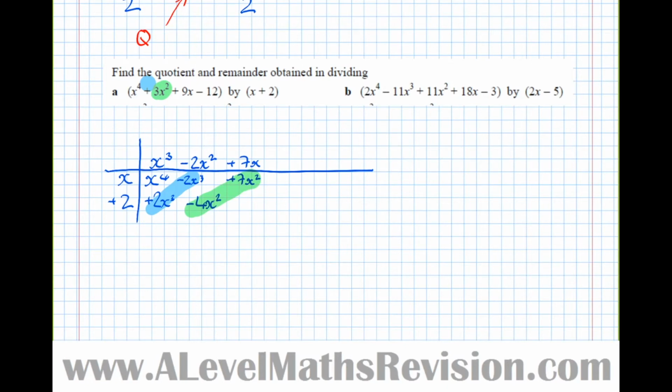So fill in the missing bit now. 7x times 2 is 14x. But we don't need 14x's. We need 9x's. So put something there so that we get the 9x's.